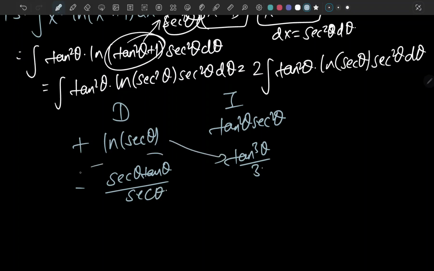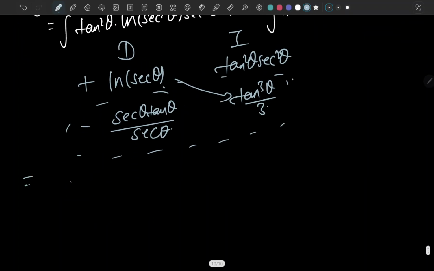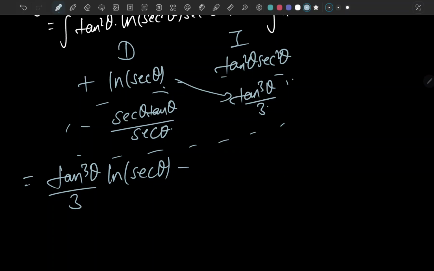And this times this, and this should be in an integral. So this becomes tangent cube theta over 3 times ln of secant theta minus 1 over 3 factored out, integral tangent to the 4 theta d theta.